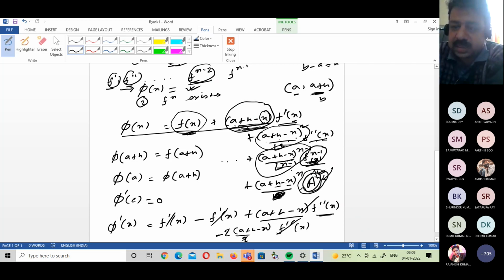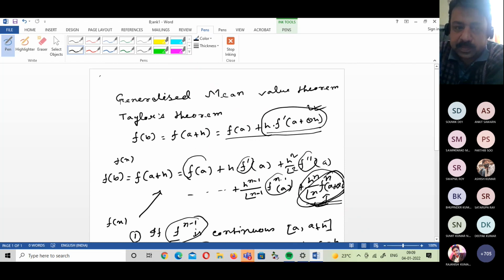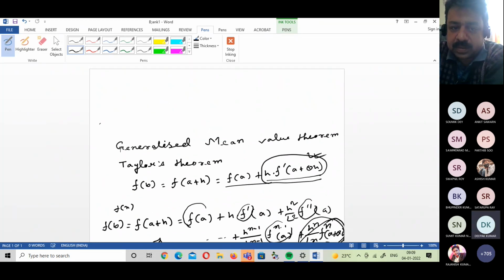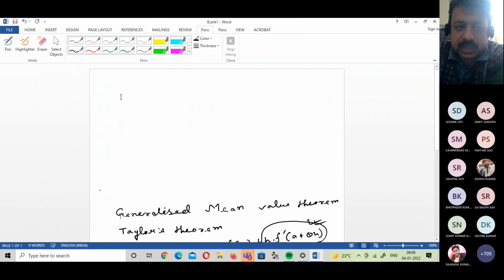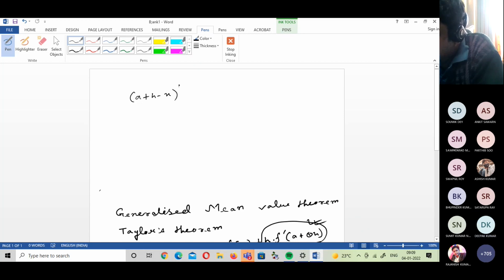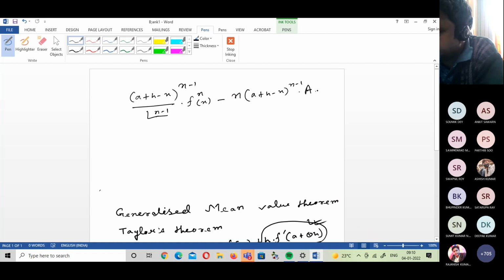So you can easily conclude that the last two terms, that is a plus h minus x to the power n minus 1 by factorial n minus 1 f of n x, this cannot be cancelled, minus the last term n into a plus h minus x to the power n minus 1 into capital A. This equals phi dash c equals 0.